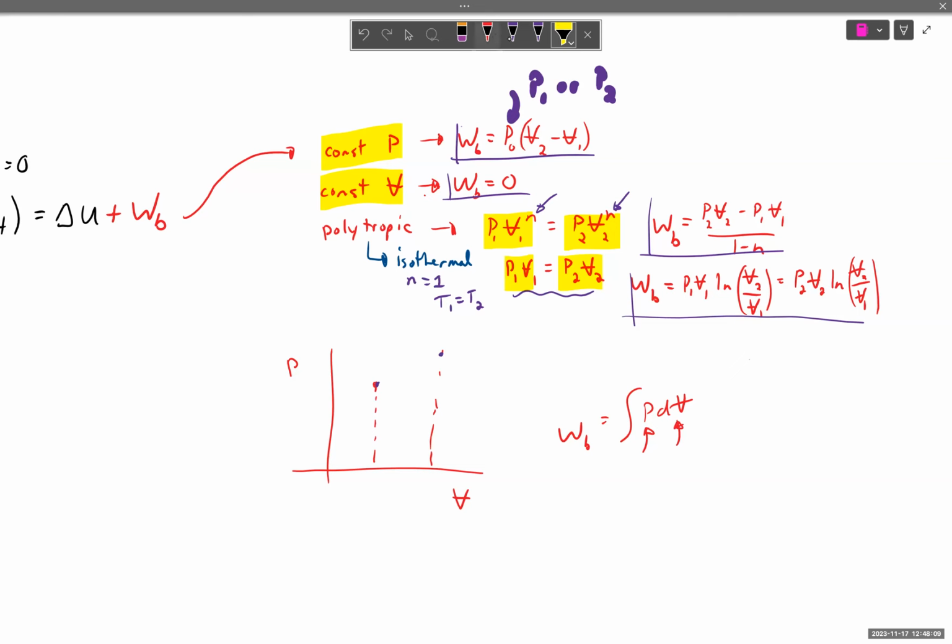You get an added bonus with the isothermal relationship because you also know T1 is equal to T2. And I know I wrote it over there, but I'm just rewriting it again. So you can think that this work at the boundary idea is telling you essentially how these two states are related to each other.